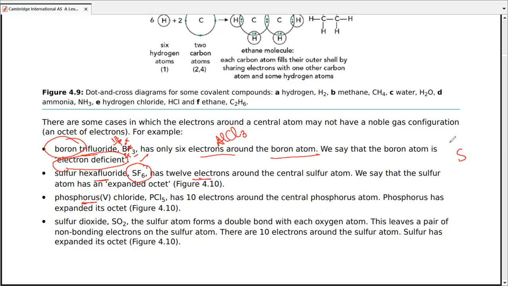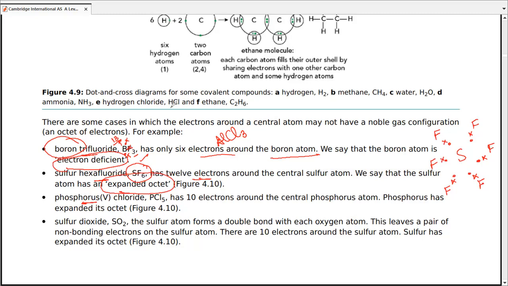Since sulfur has six electrons, and each of them can be shared with the outermost of a fluorine, six fluorine atoms separately around the whole system, you would notice that sulfur is actually surpassing the octet and has 12 electrons in its outermost shell instead of 8. We call this an expanded octet. An expanded octet is something that has anything more than 8 electrons. It may have 10, it may have 12.